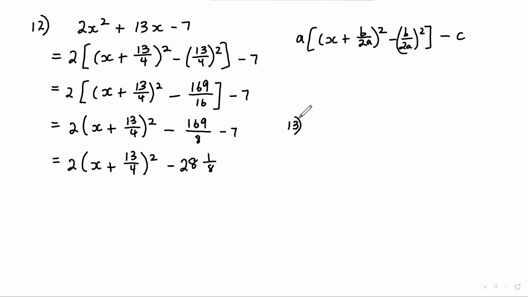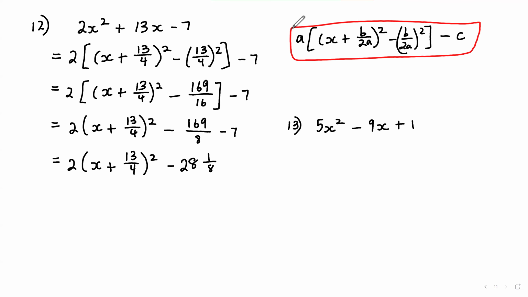So let's say we have 5x squared minus 9x plus 1. Remember, we want it in this format first. In your case, it will be minus b over 2a, and then on the outside will be plus c.